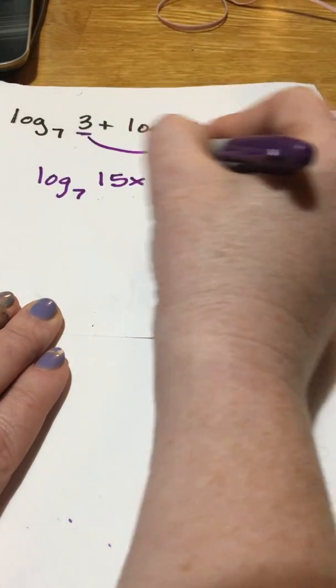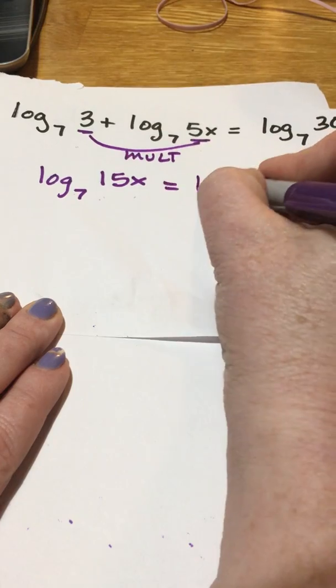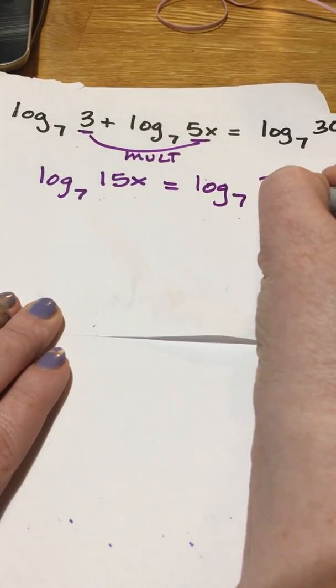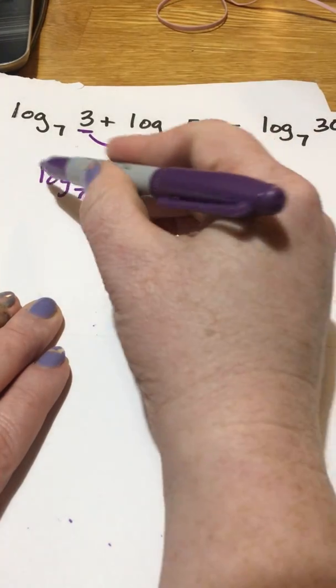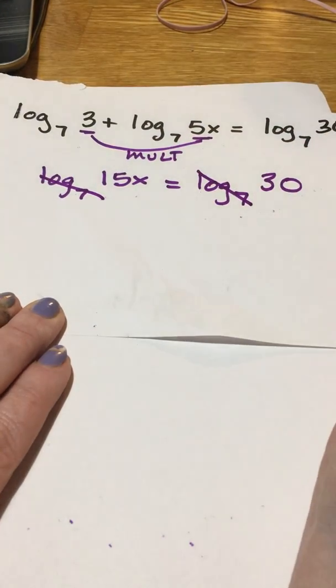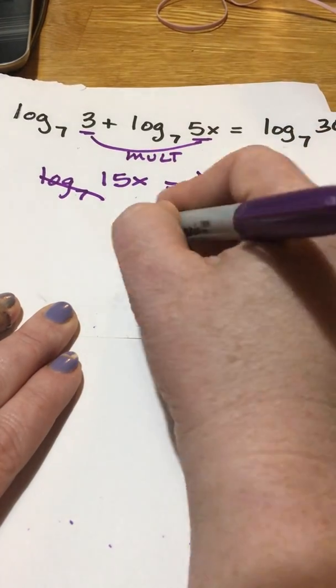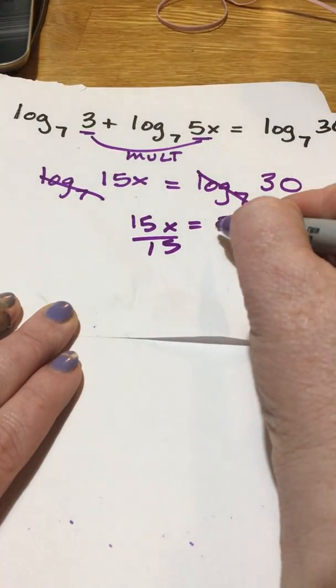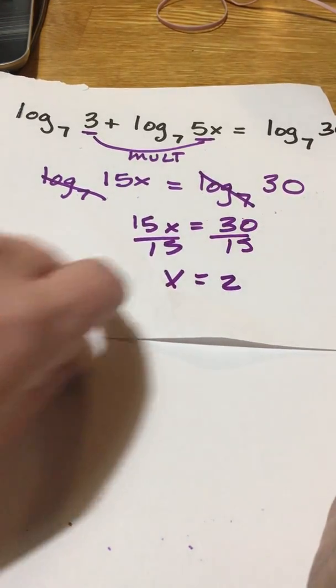I multiplied those. Okay, equals log base 7 of 30. Well, now we have 1 log on each side with the same base. I can delog it, leaving me with 15x equals 30. Divide by 15, and we get x equals 2.